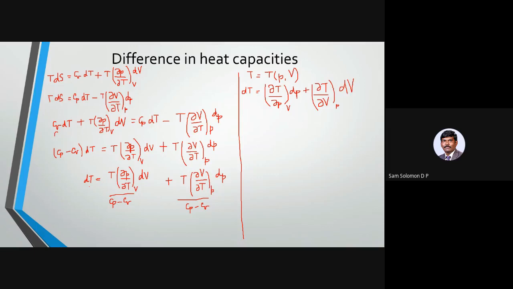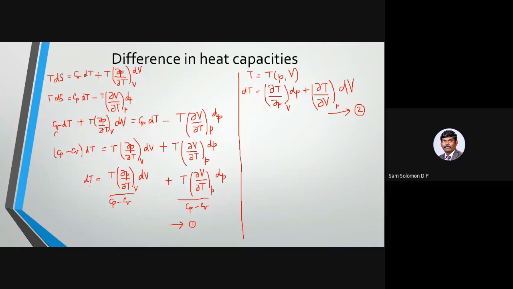You can compare these two equations. Say if you take this as equation 1, and this as equation number 2, see the left hand sides are equal, so you can equate the right hand sides. And in the right hand side, you have a term with dV and a term with dP.